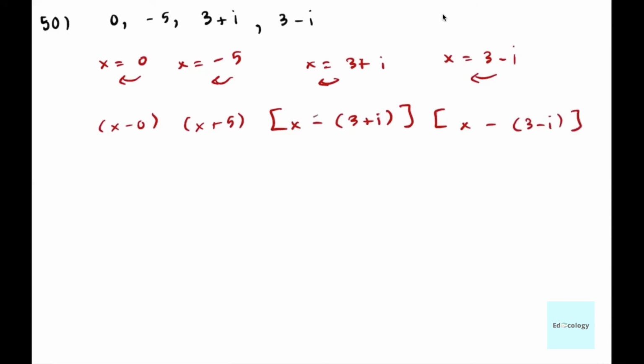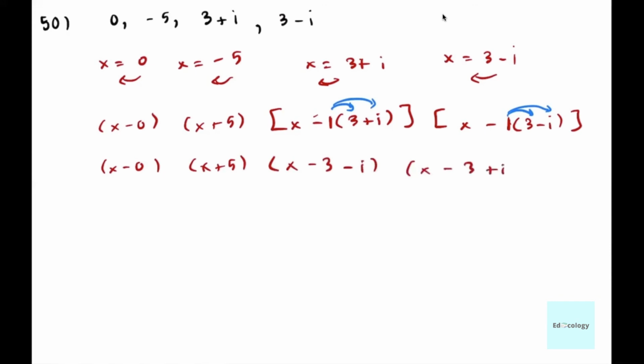You multiply, let's imagine that there's a 1 here. You use the distributive property, and you will get x minus 3 minus i, and x minus 3 plus i.